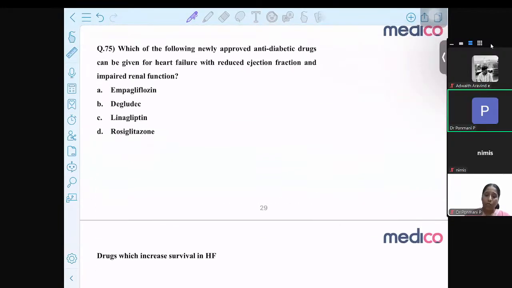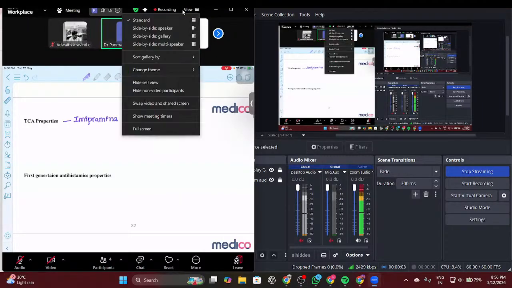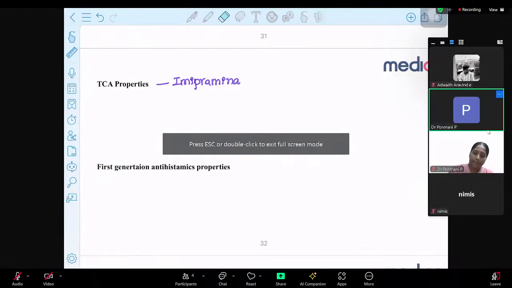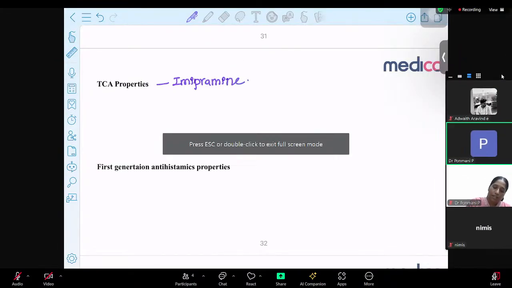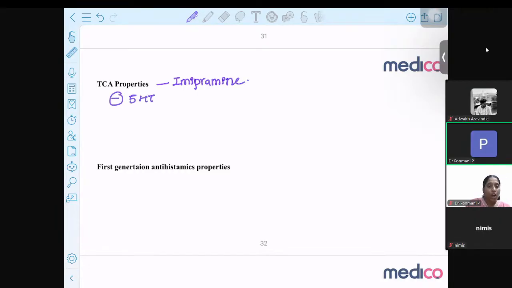Clear? So now moving into the next question, which of the following is true about tricyclic antidepressants? What are the properties of tricyclic antidepressants? It is going to inhibit the reuptake of 5-HT, that is serotonin. Not only that, it also inhibits the muscarinic receptor.